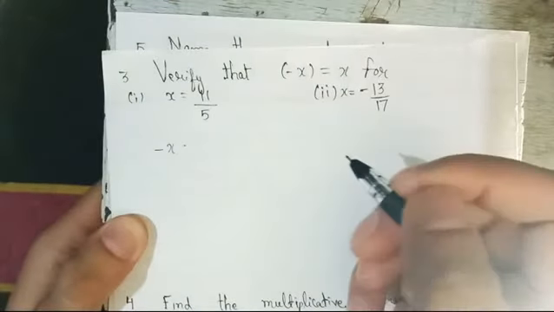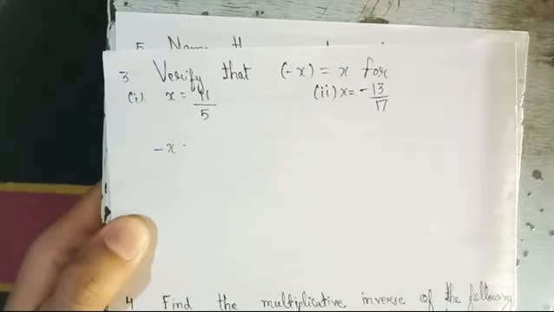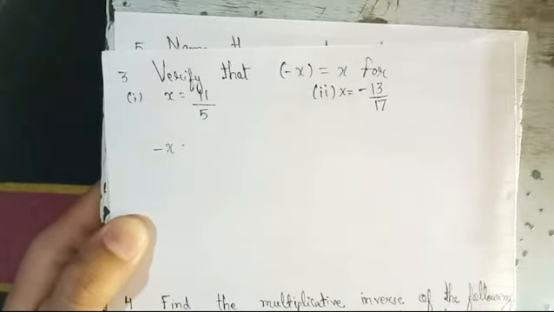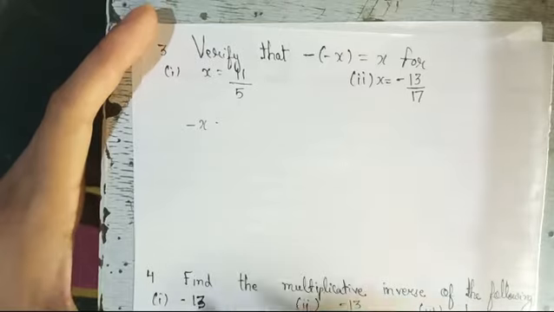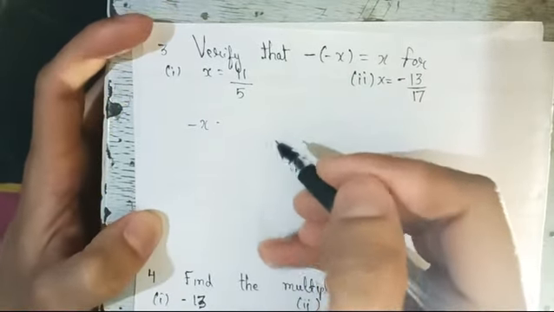So in the first question, 11 upon 5 is given to us. See, what is given to us? What is the equation? Minus of minus x is equal to x. Okay, we have to calculate whether minus of minus x is equal to x or not.